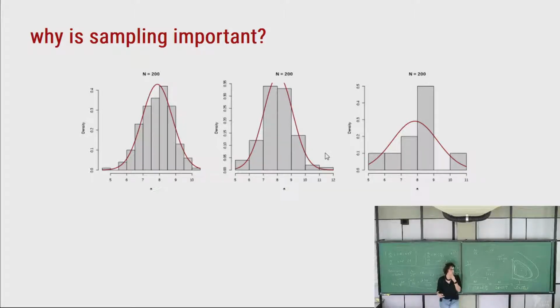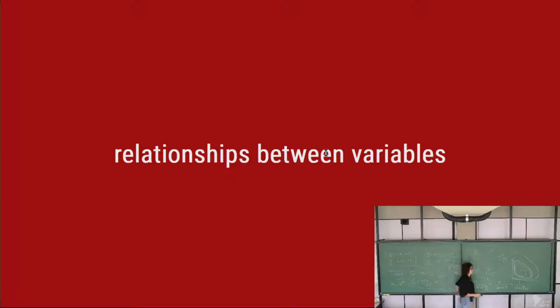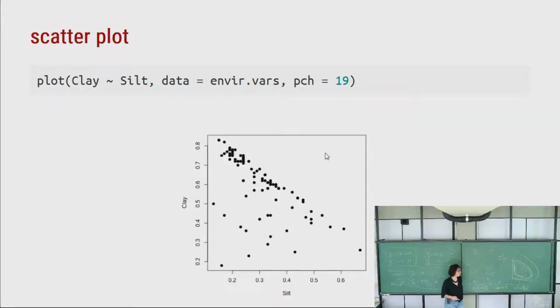We have continuous data that should be normal. This would indicate that we are not there yet to describe our sample.